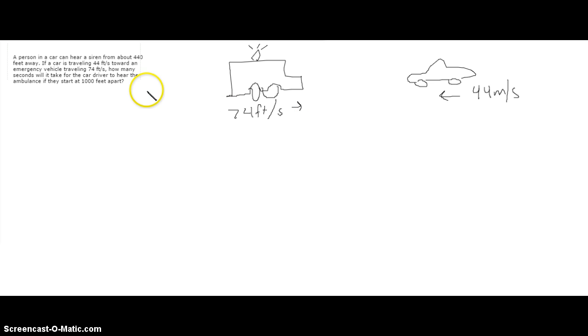And we want to know how many seconds it'll take for the driver to hear the ambulance if they start at 1,000 feet apart. So right now they're 1,000 feet apart. We want to know how many seconds it'll take them to be this 440 feet apart.